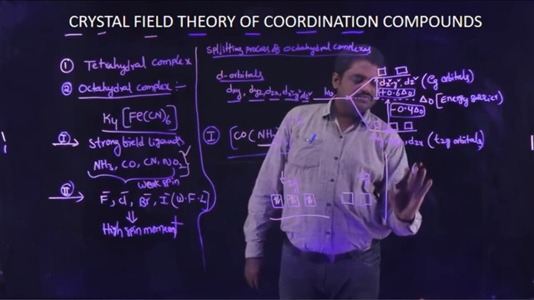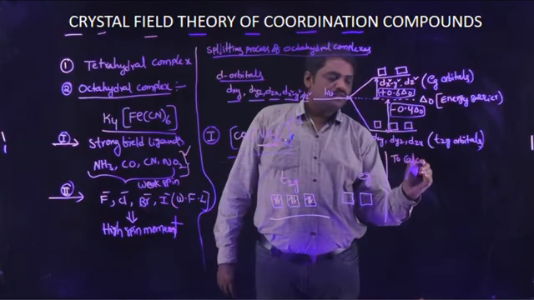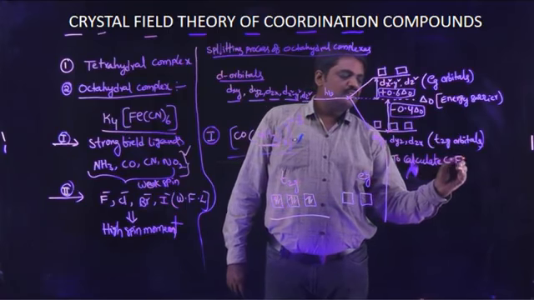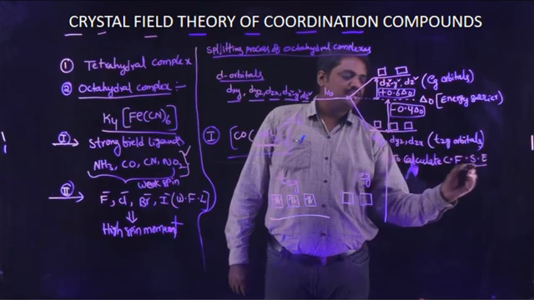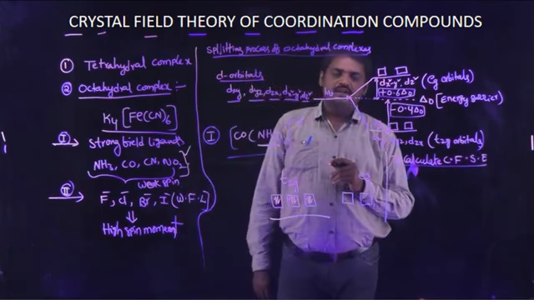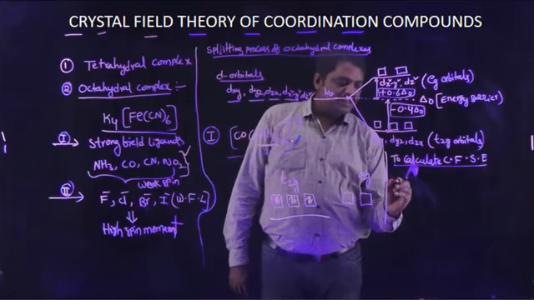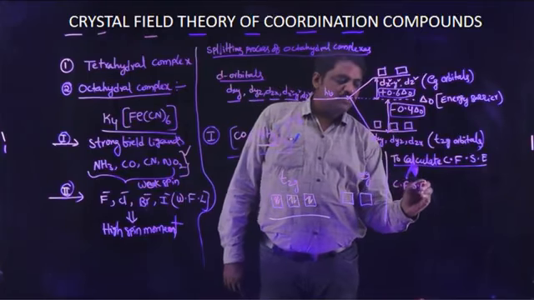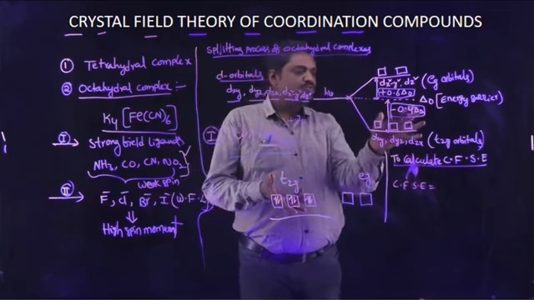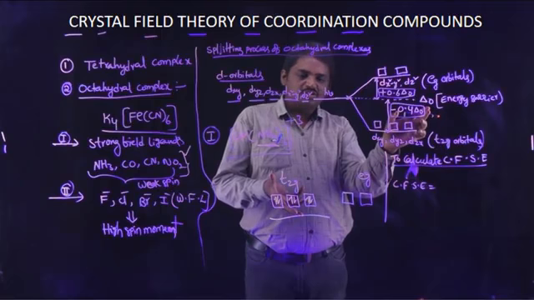Our aim is to calculate the crystal field stabilization energy. Okay, students, the formula for the octahedral complex: each electron in the t2g level has energy minus 0.4 delta naught.